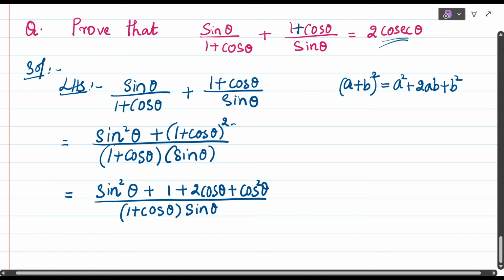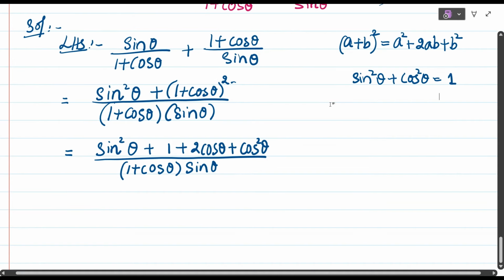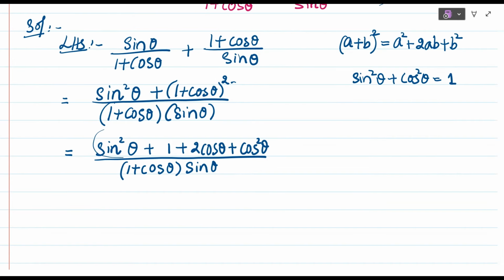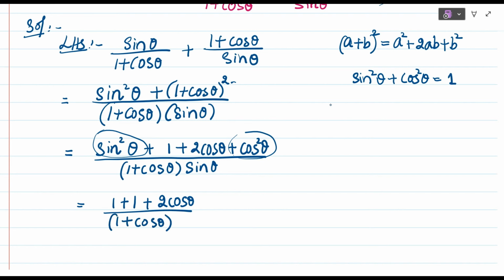We know the trigonometric identity sin square theta plus cos square theta is equal to 1. Apply this in the numerator, students. So sin square theta plus cos square theta gives 1. So 1 plus the second term 1 plus 2 cos theta. In the denominator we have 1 plus cos theta into sin theta. Understood, students?